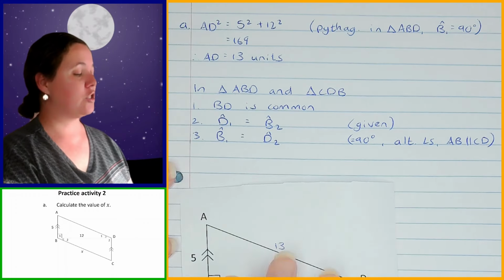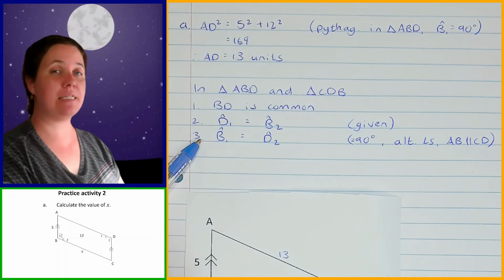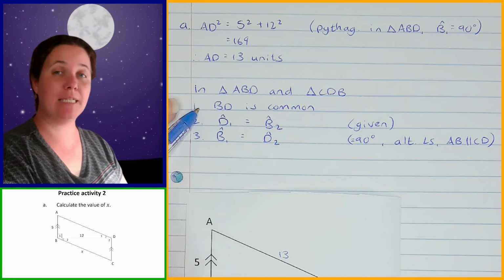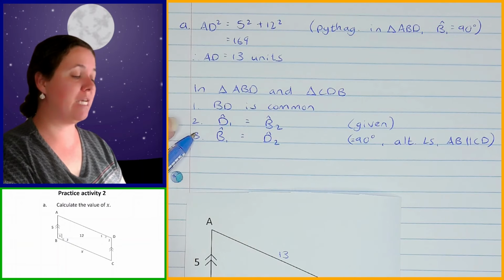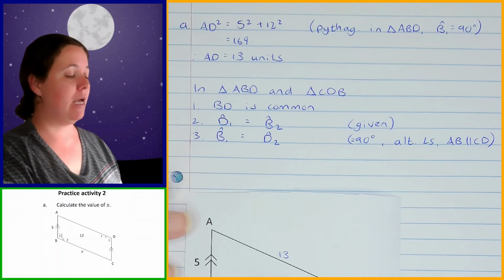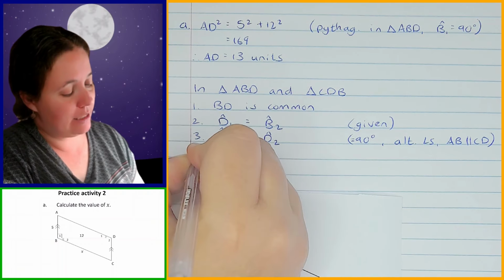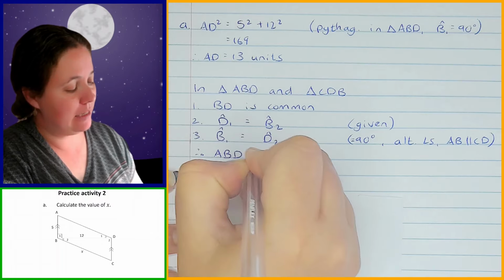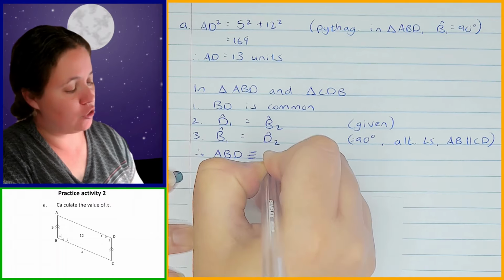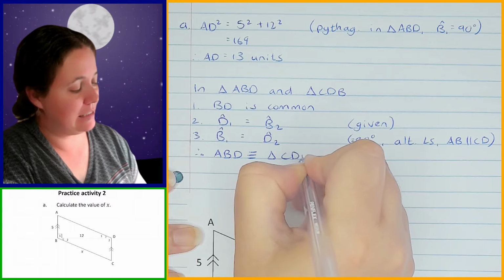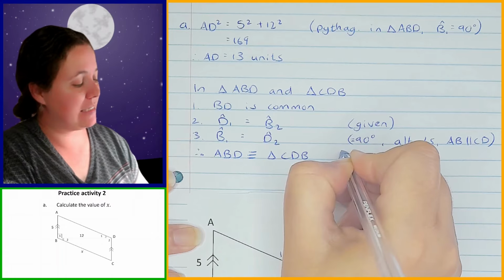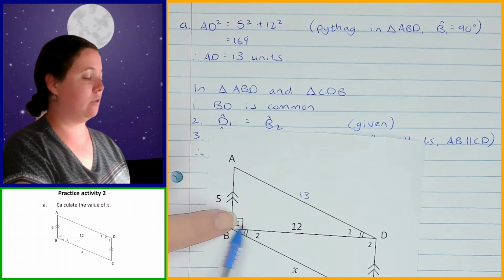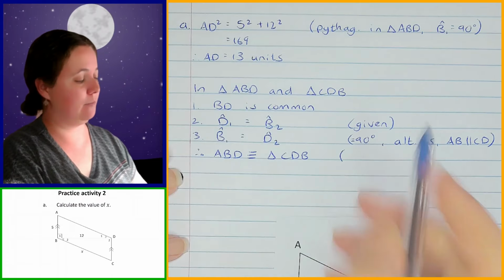Okay, so now because I've got my three statements, I've got a pair of sides that's the same, I've got two pairs of angles that are the same, I can now say therefore triangle ABD is congruent to triangle CDB, and the reason I can say that is because of angle, side, angle.